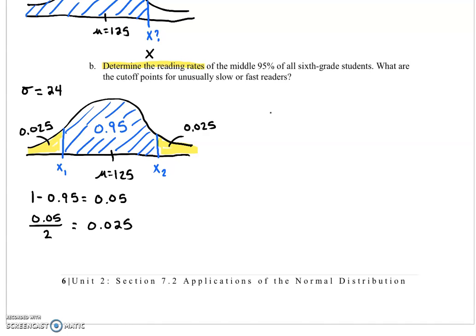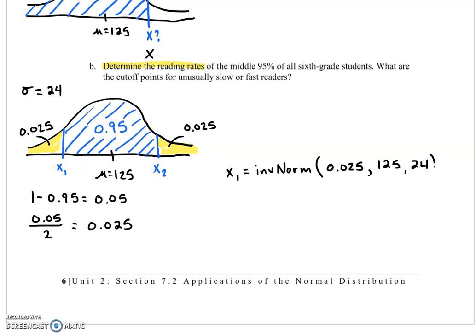So to find x1, it's inverse norm. The area to the left is 0.025. We already know that because it's labeled clearly on our graph. It's the left yellow tail. The mean is 125.